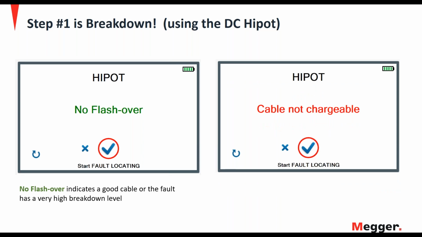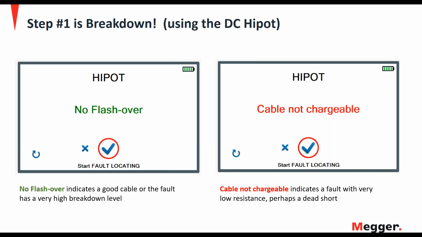You could get a message like this, cable not chargeable. And this could indicate that you have a fault with a very low resistance, perhaps a dead short. Or it could be as simple as somebody left the far end grounded instead of stood off. So there's a short on the cable, but that's because somebody left a ground on the far end.